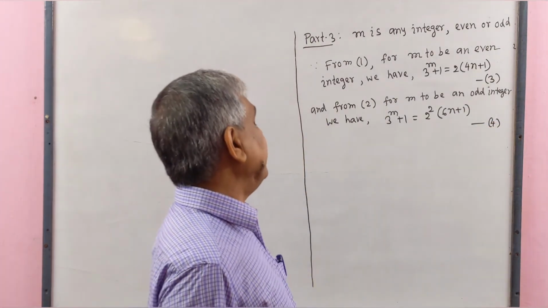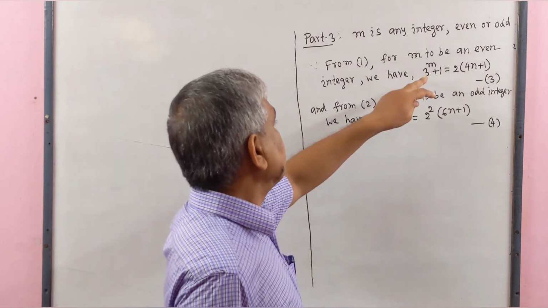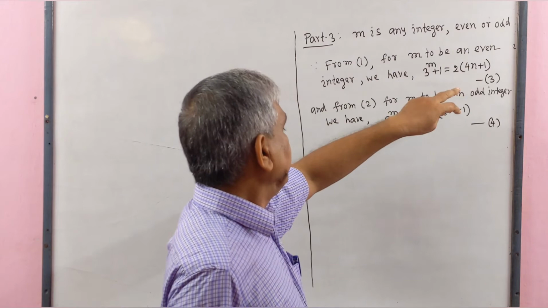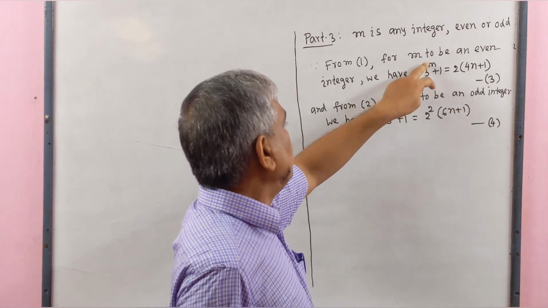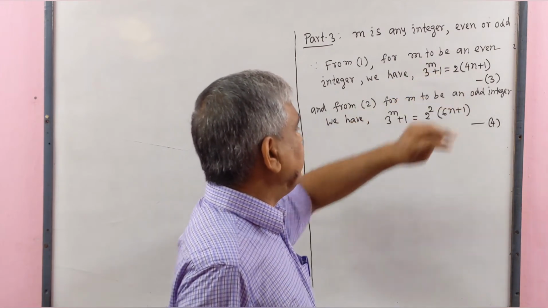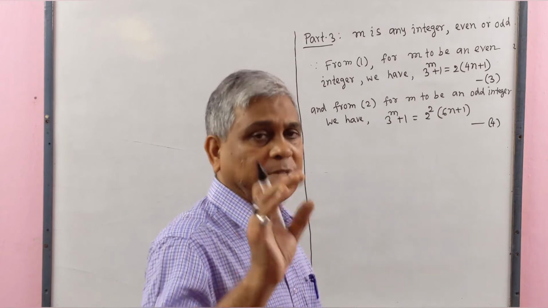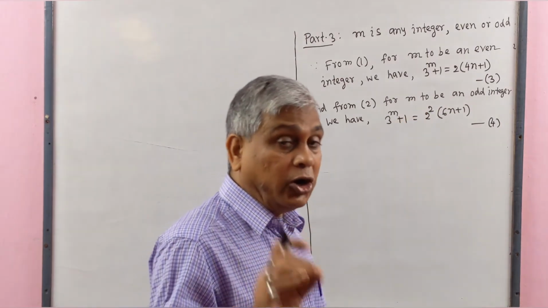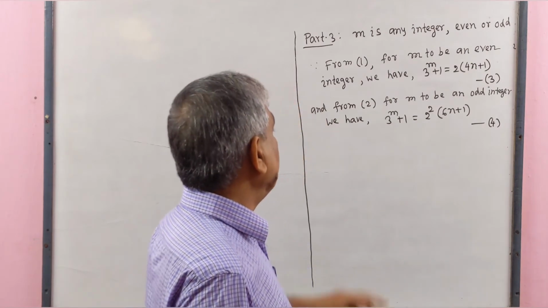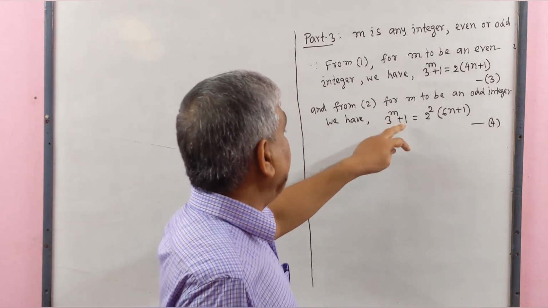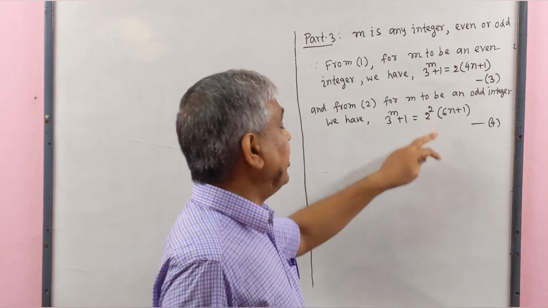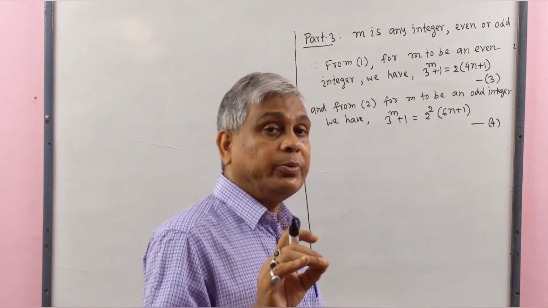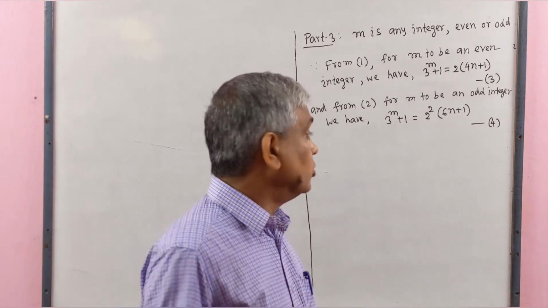Here we see that for the case m even, 3 to the power m plus 1 is divisible by 2, meaning 2 to the power 1. For m an odd integer, 3 to the power m plus 1 is divisible by 2 square. Maximum power of 2 is 2.